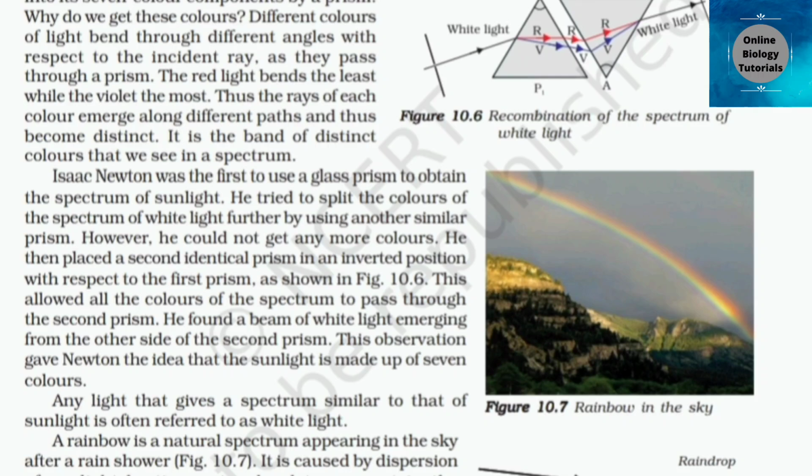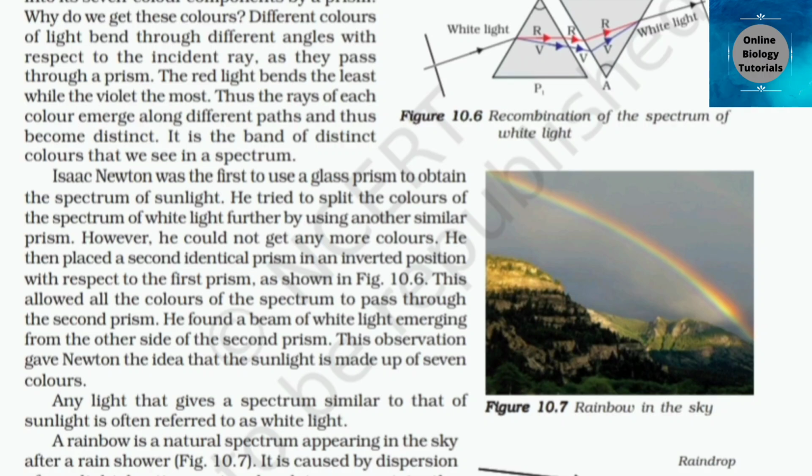Isaac Newton was the first to use a glass prism to obtain the spectrum of sunlight. He tried to split the colors of the spectrum of white light further by using another similar prism. However, he could not get any more colors. He then placed a second identical prism in an inverted position with respect to the first prism, as shown in figure 10.6.